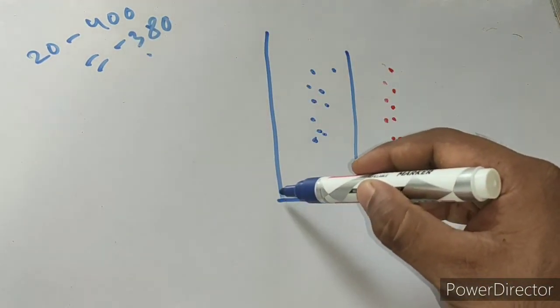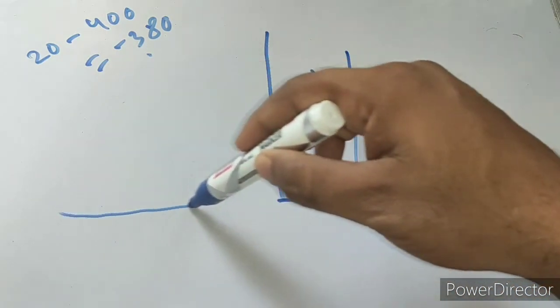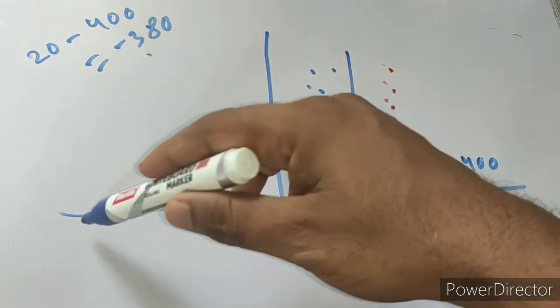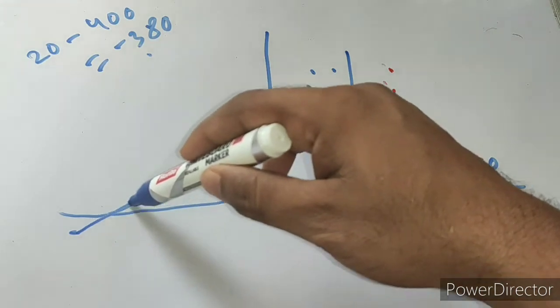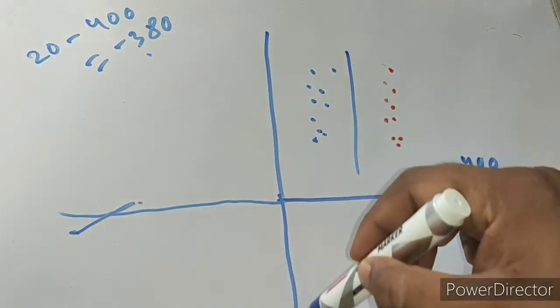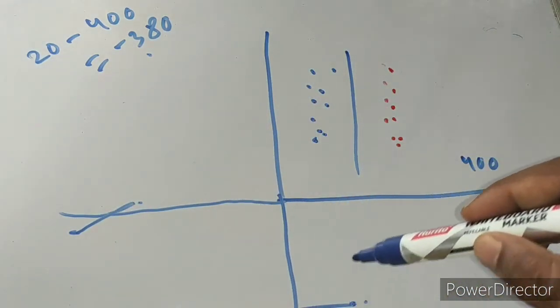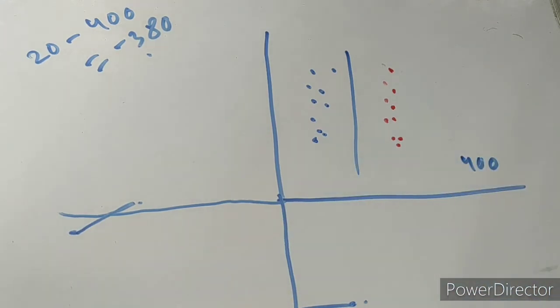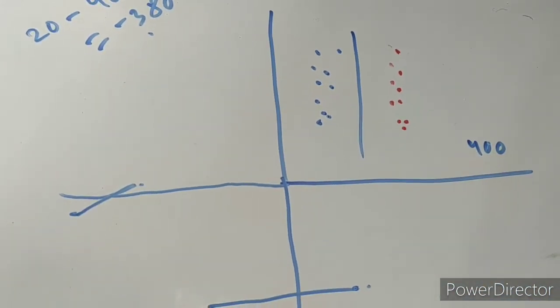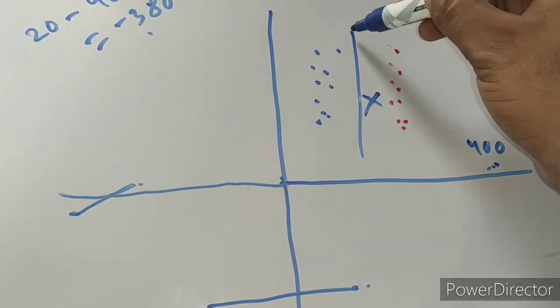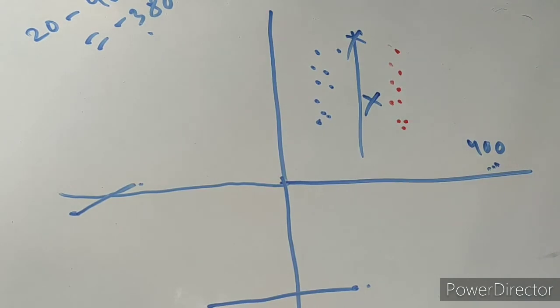Minus 380 means from here onwards we have to put a line somehow, like this. A line has to be drawn, not in this line. This line doesn't fit while 400 is present, so this becomes an incorrect line.